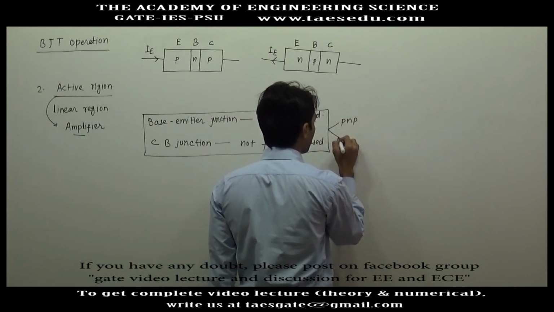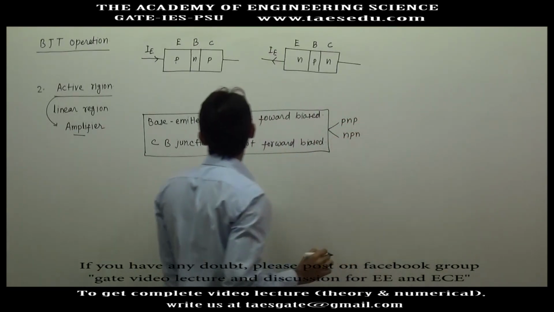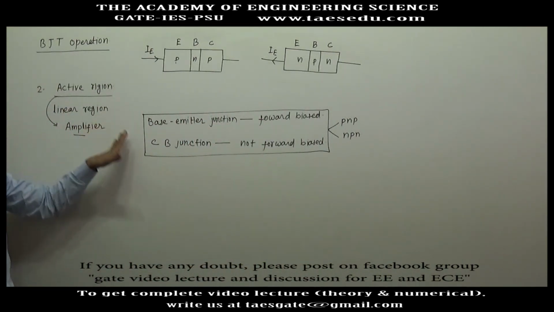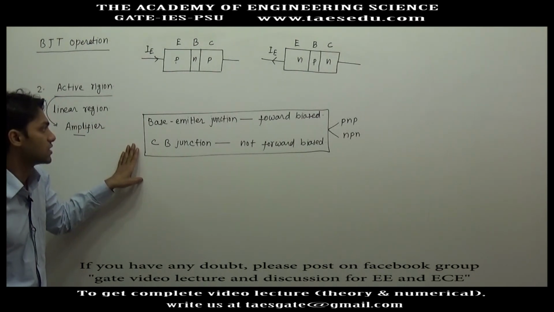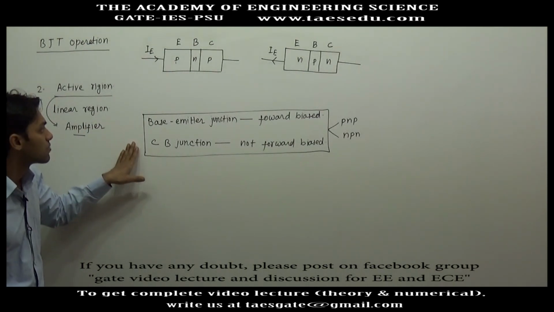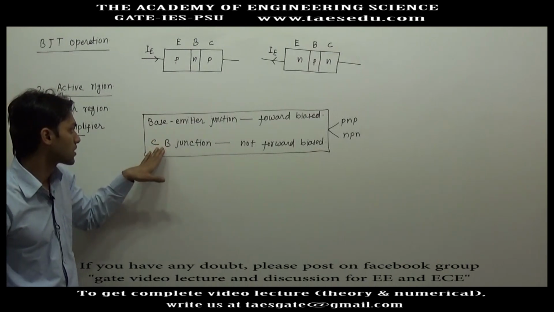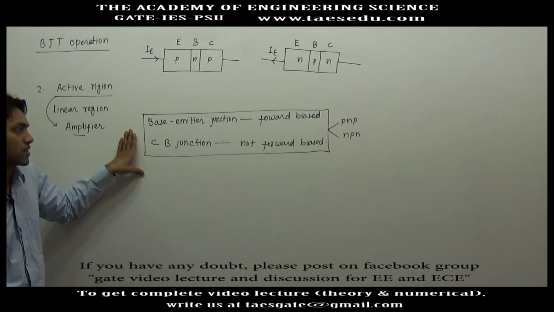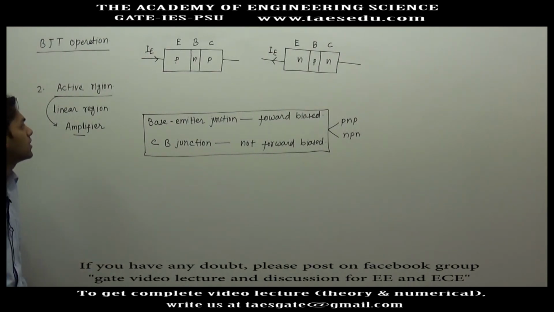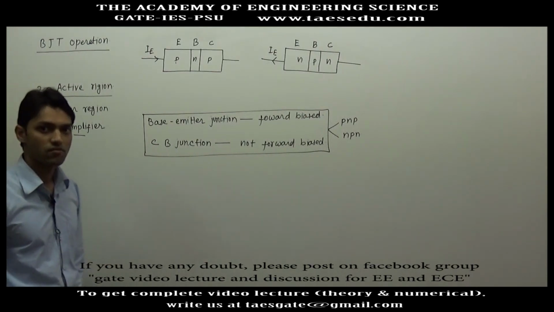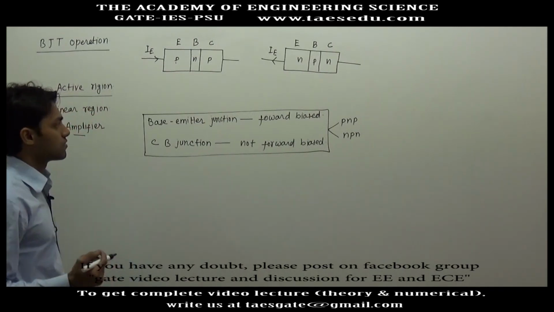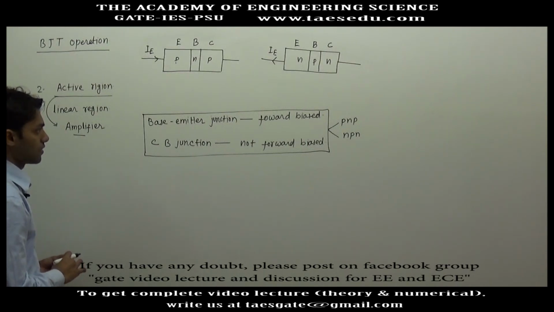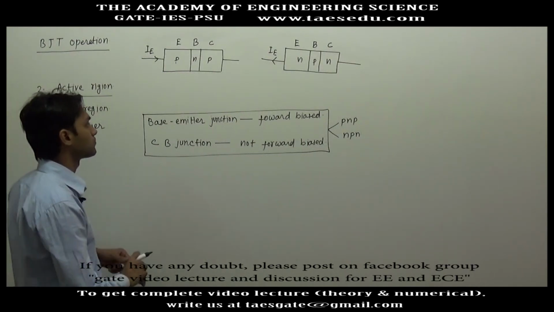Now we have to get this condition of the active region in terms of voltage only, because by determining the voltage across the base emitter or collector base junction, we can determine in which region it operates. So now we will determine this condition in terms of voltage. I'll first take the NPN transistor.